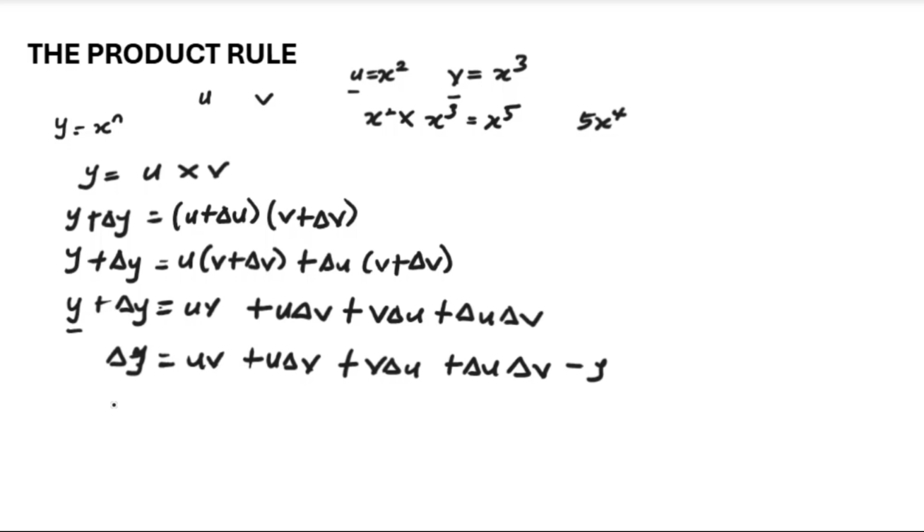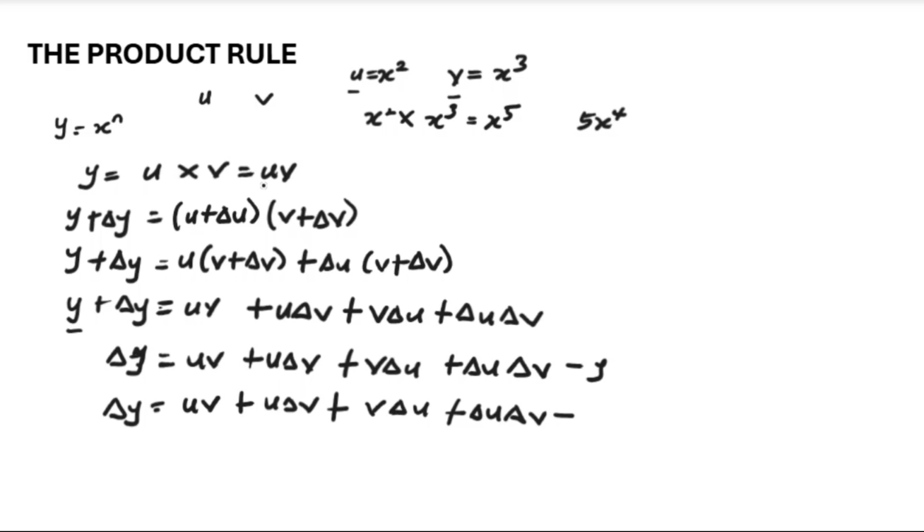Now from here, delta y will give us uv plus u delta v plus v delta u plus delta u delta v minus, now this y, don't forget our y is defined by u times v, so it means our y is the same thing as uv, because u times v is going to give us uv.